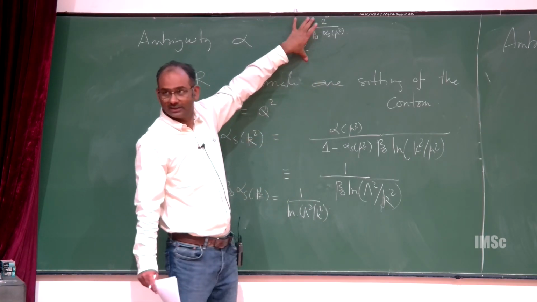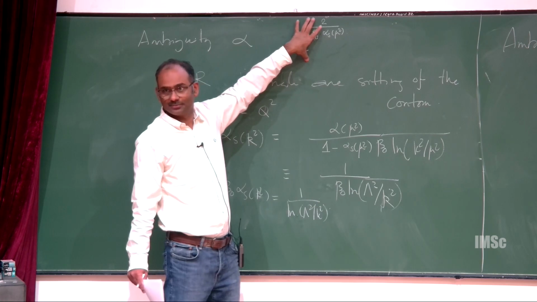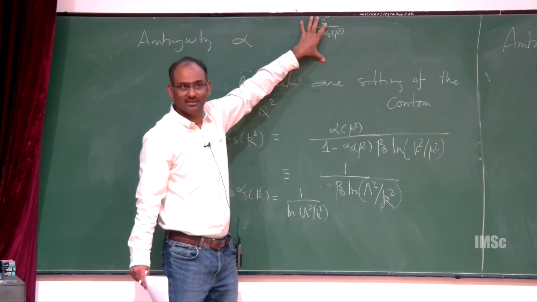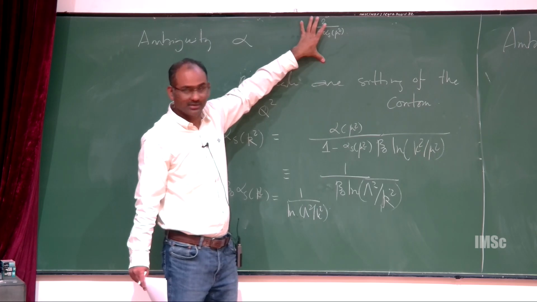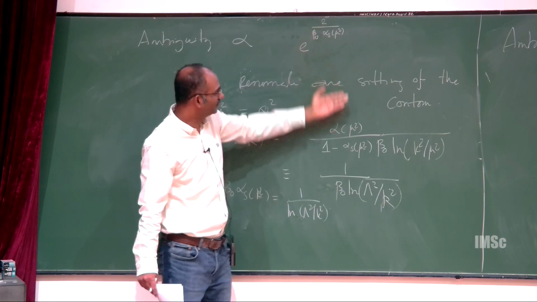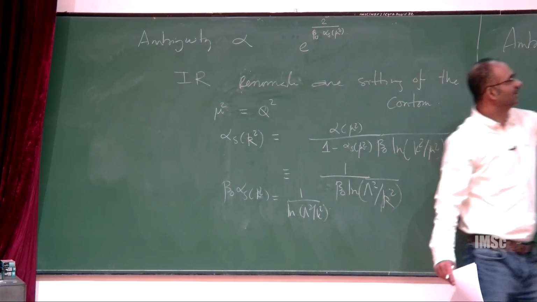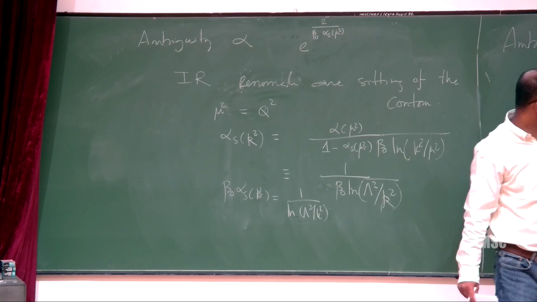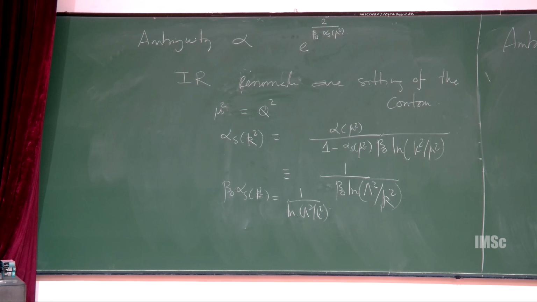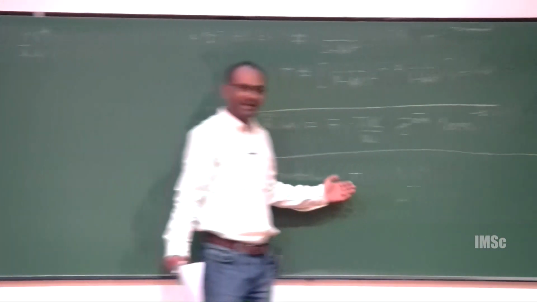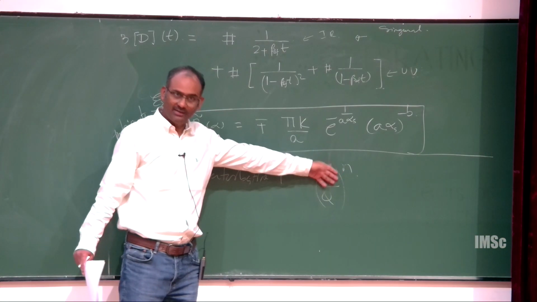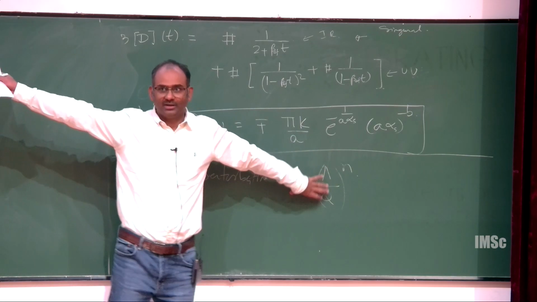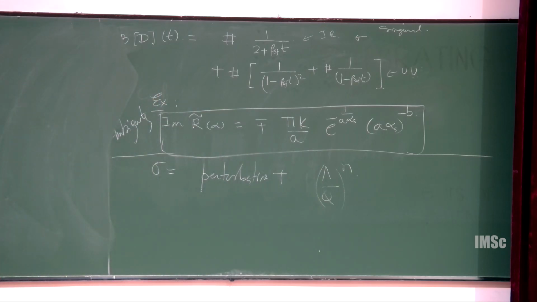So such terms cannot be generated by perturbation theory, and so it is clearly outside that scope and it is non-perturbative, but that same non-perturbative thing appears as lambda over q. So clearly that is non-perturbative.